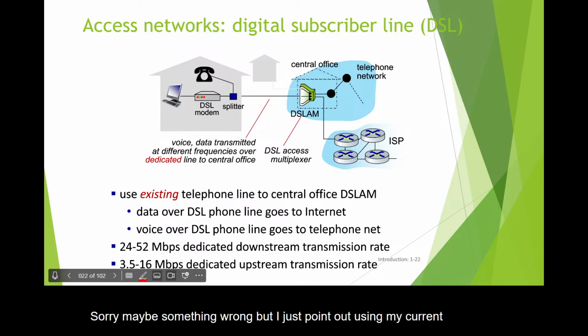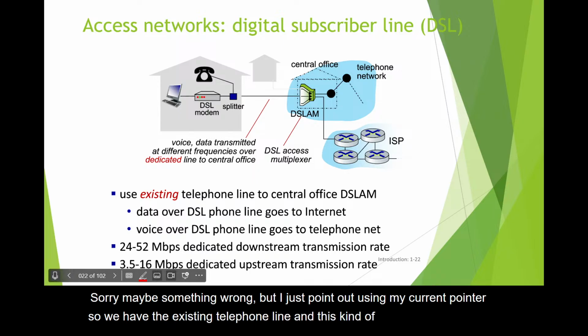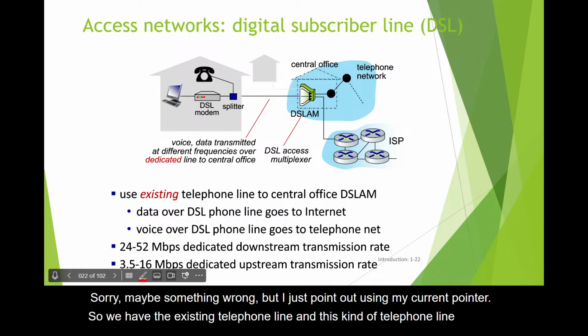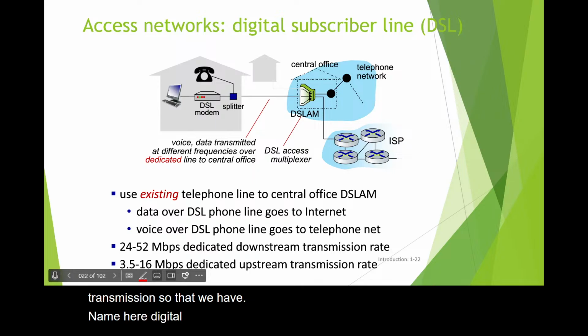So we have the existing telephone line, and this kind of telephone line is used for data transmission, so we have a name here, digital subscriber line. All right, and so that we can provide data.